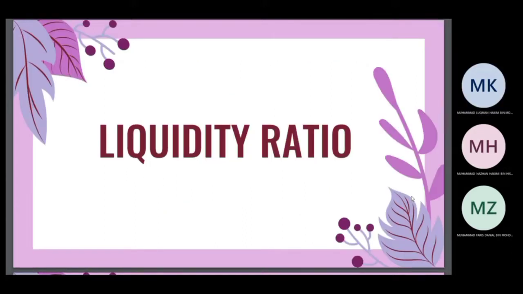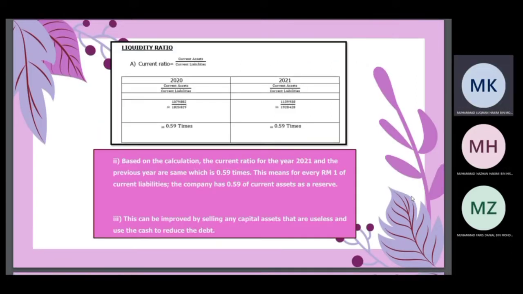Next. First of all, liquidity ratio. For the liquidity ratio formula, we use current asset divided by current liability to get the amount. So we get 0.59 times for 2020, and for 2021, current asset divided by current liability, we get 0.59 times.